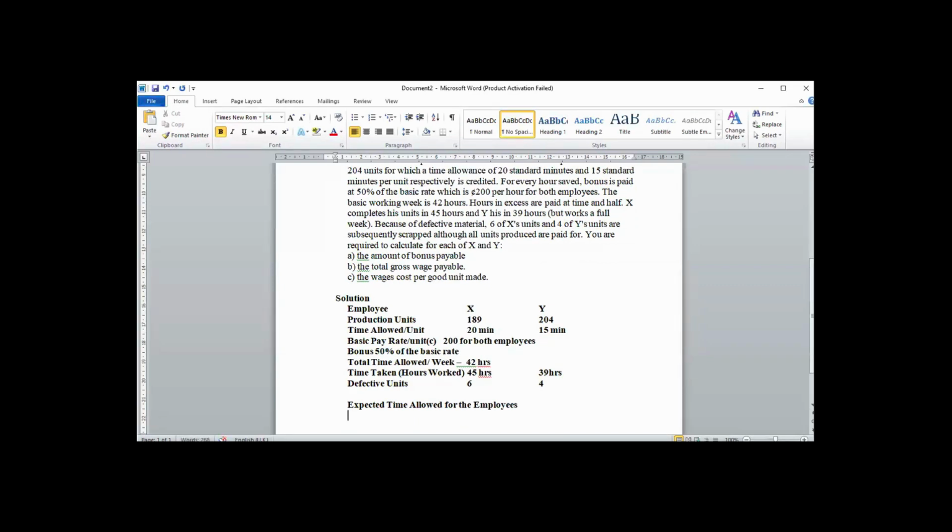Let's look for X. X now. We have 20 divided by 60. That is the time taken per unit, times how many units does it produce? 189 units.